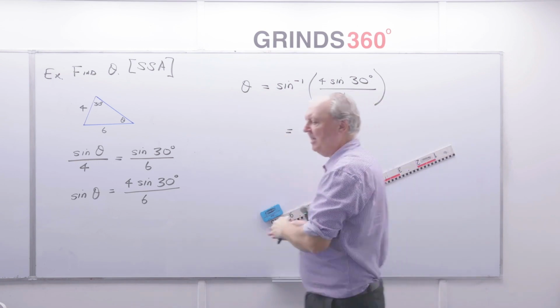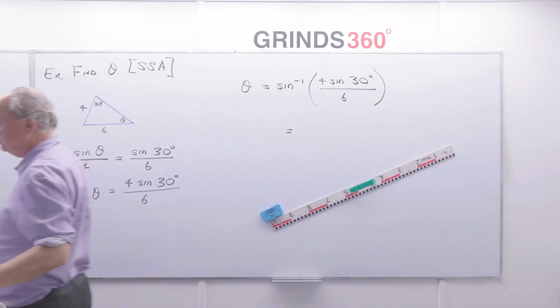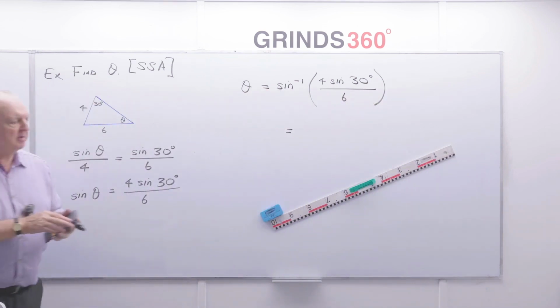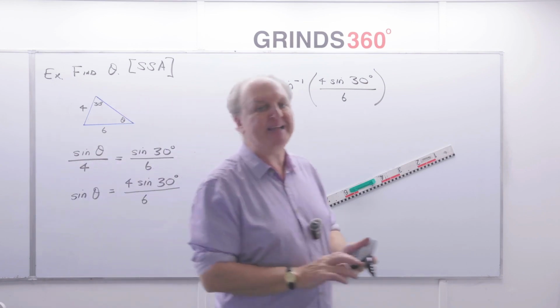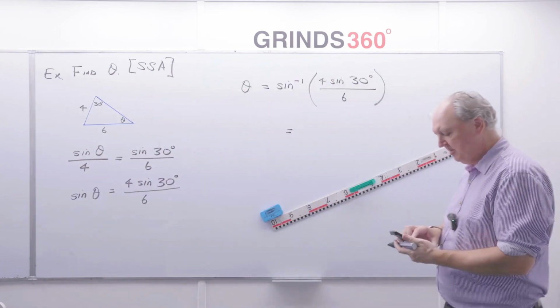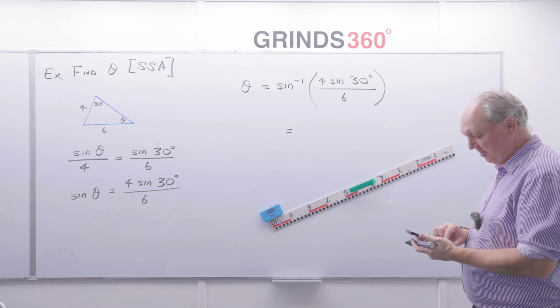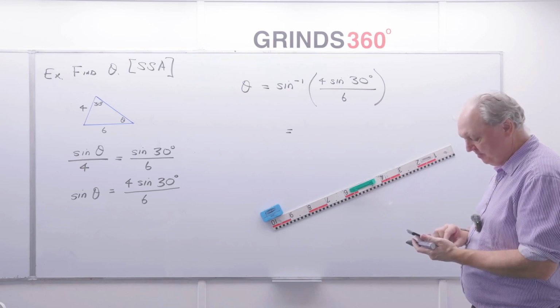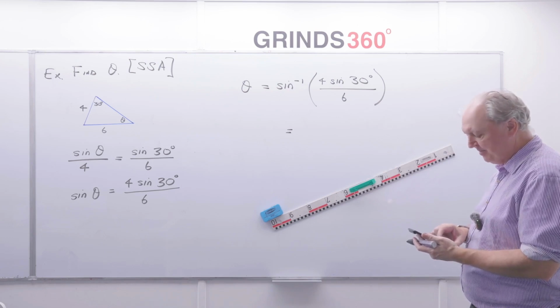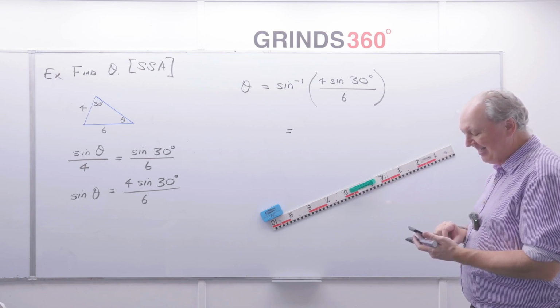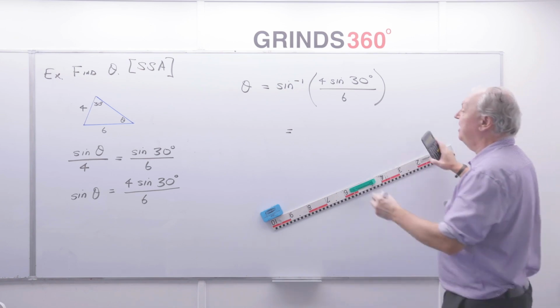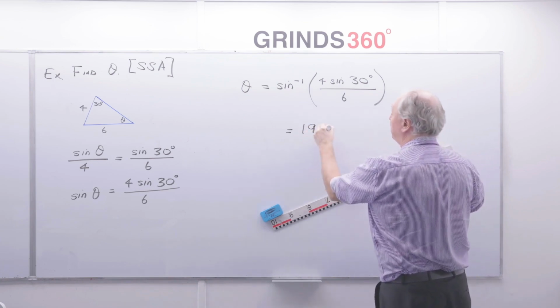So put that into my calculator. Make sure your calculator's in degree mode. So shift sine, fraction, 4 sine 30, close bracket, divided by 6, close the big bracket, and I get, say, to 1 decimal place, 19.5 degrees.